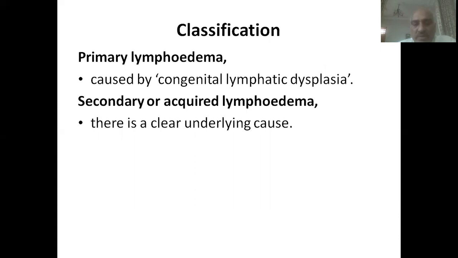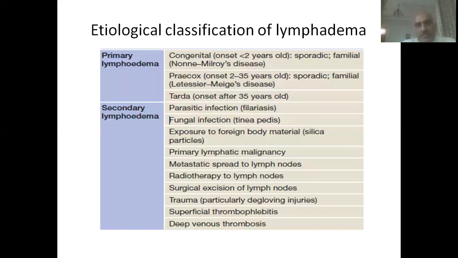Now we further classify. One classification depends upon severity, according to the volume of the lymphedema, whether it is mild, moderate, or severe. The other classification is based on etiology: primary lymphedema and secondary. As the name indicates, primary is caused by congenital lymphatic dysplasia, and secondary is acquired, which has a clear cause.